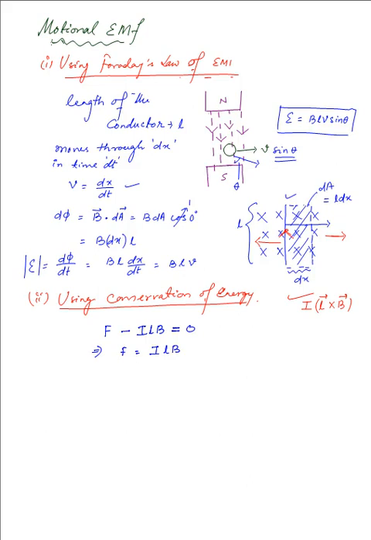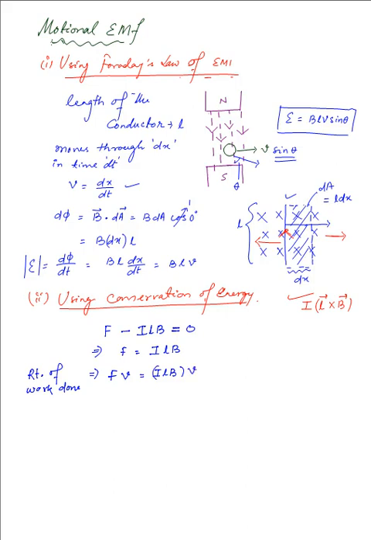Now the rate of work done, that is the power that has been employed, is equal to force multiplied with the velocity. And if we are multiplying the force with the velocity on the left hand side, we must multiply this ILB factor by V as well.